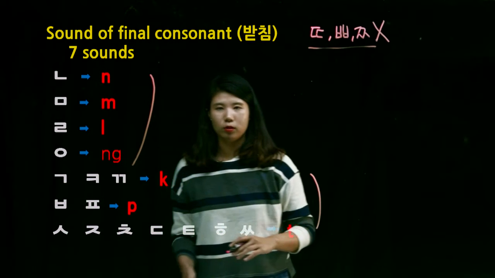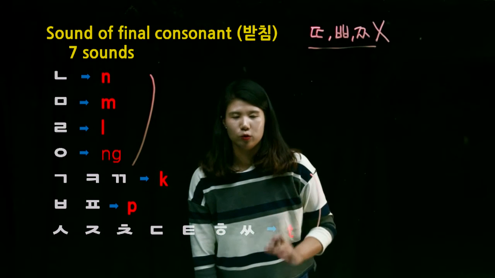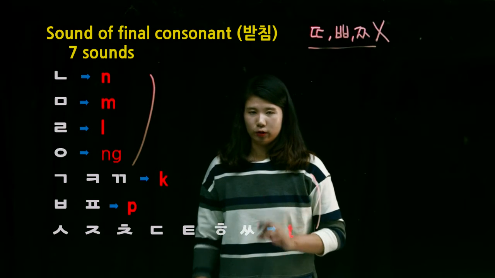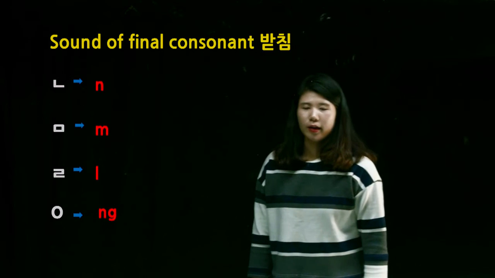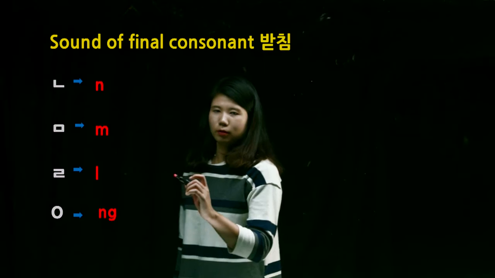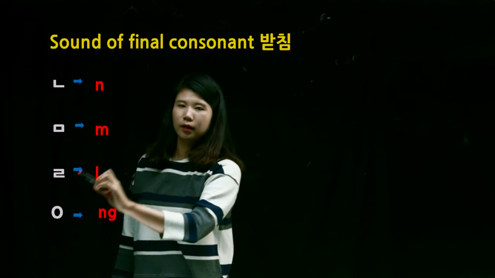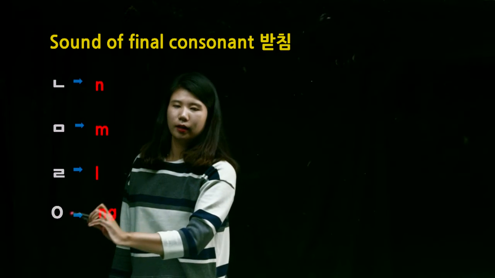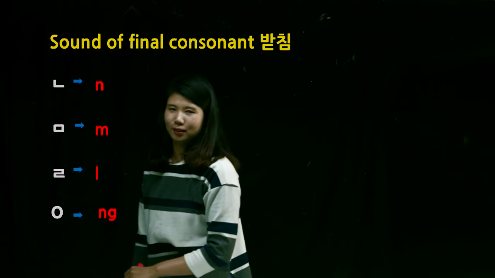And remember, when you pronounce all final consonants, you do not release the sound to the air. You actually keep the air to yourself. Okay. Remember this: 니은, n, 미음, m, 리을, l, and 이응, ng, only when it's a final consonant.